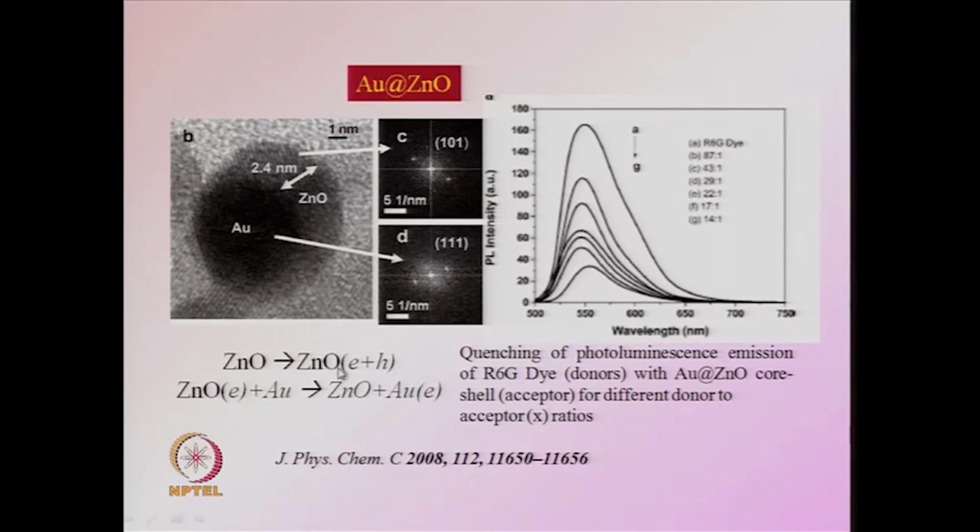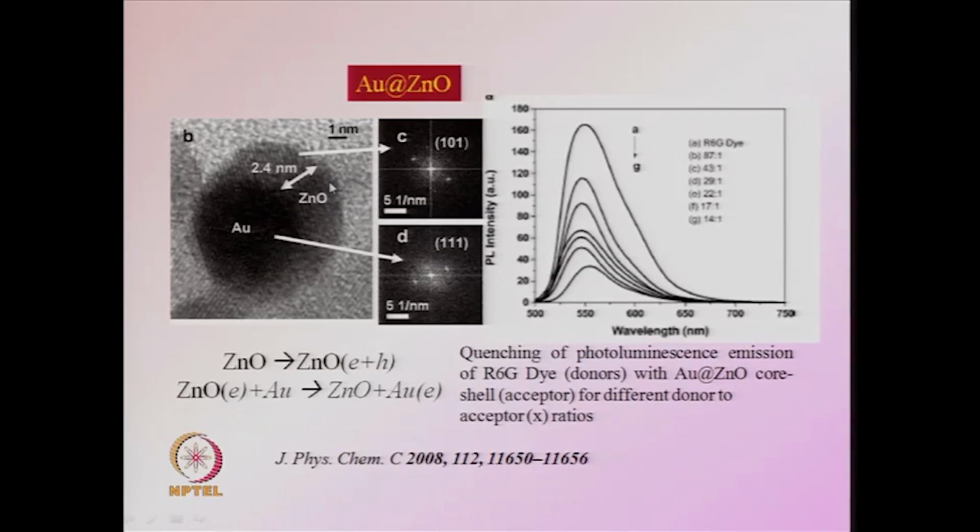So, zinc oxide will have the electron and hole, and then the electron will move to the gold which is at the core. So, the electron gets trapped in the core and the hole remains in the shell.